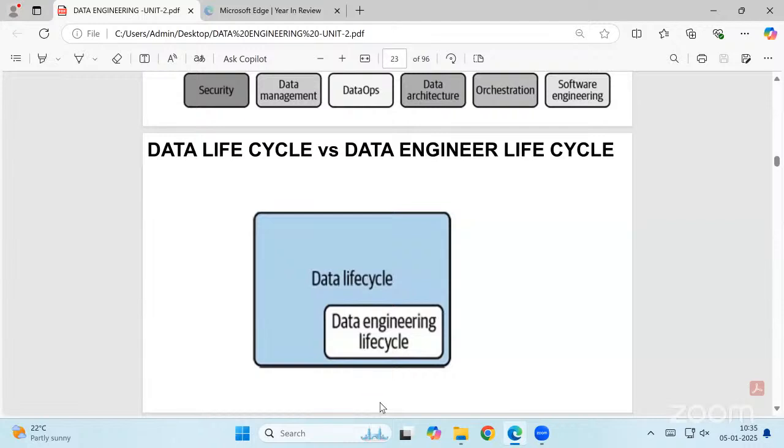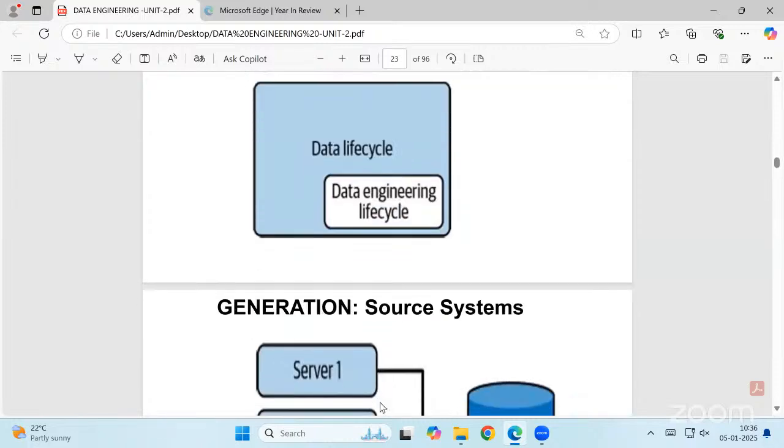In the data engineering life cycle, we do some of the same tasks that are there in the data life cycle, but some tasks are not there. It means if you understand the entire data life cycle, you can do the data engineering life cycle very easily because it is a subset. That's why we started with the data life cycle.